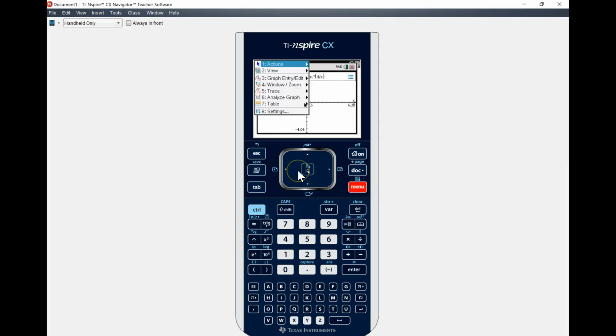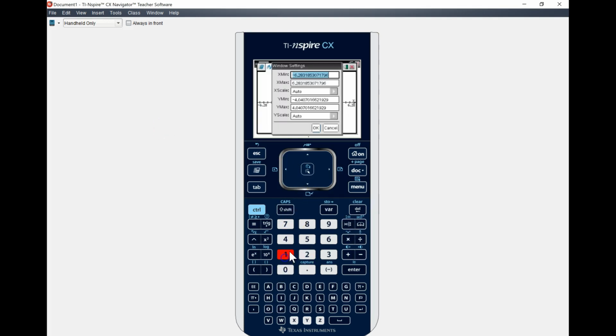So menu, 4 and 8. Obviously we're not going to see anything. What are your values of theta going to be? It's going to go from 0 to 90, right? So we go here, menu, 4, 1, 0 to pi over 2.